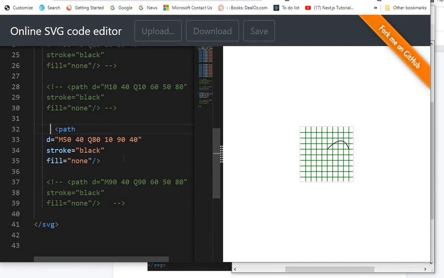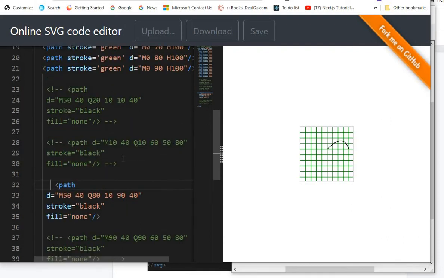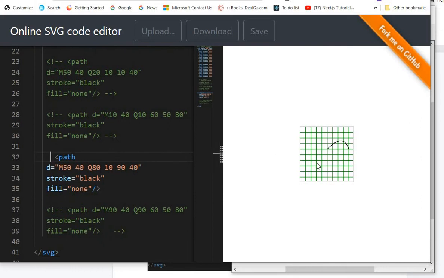So I have used 4 quadratic path curves to draw this heart sign.